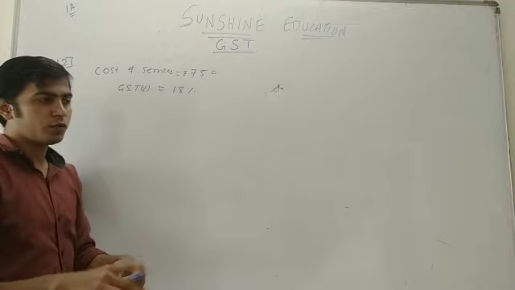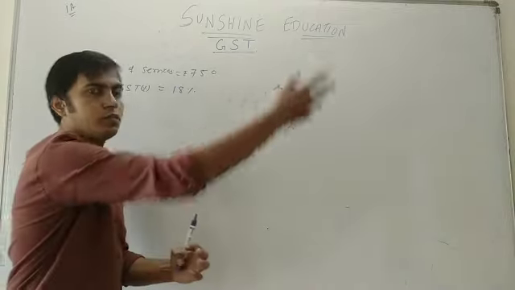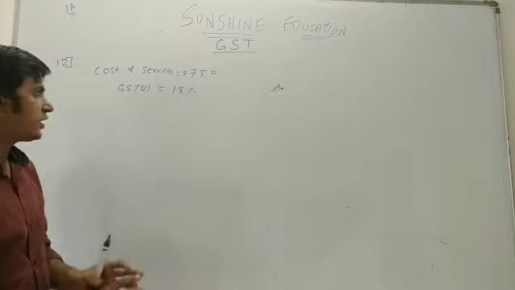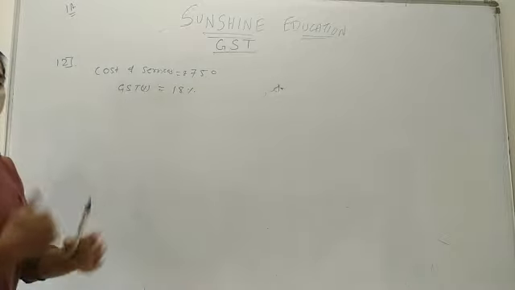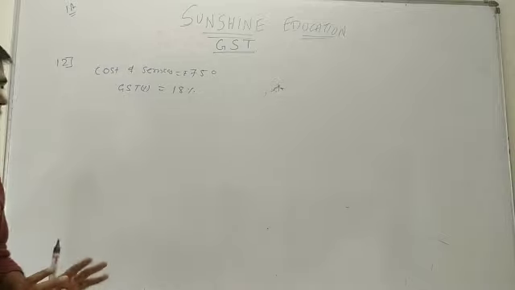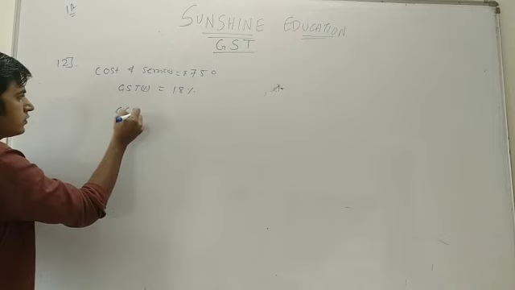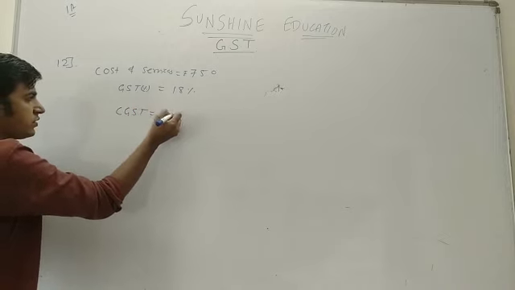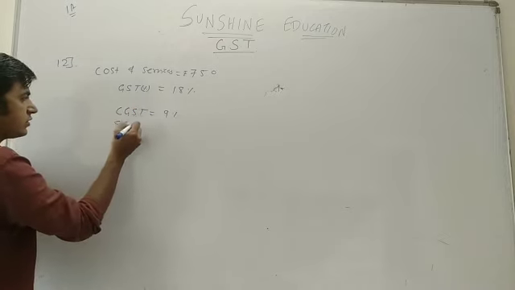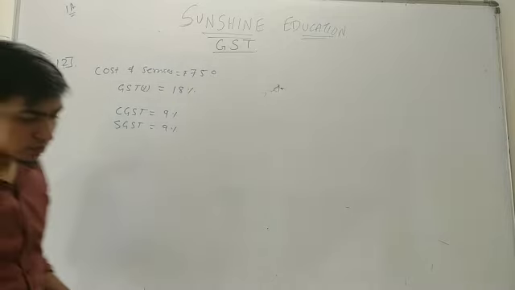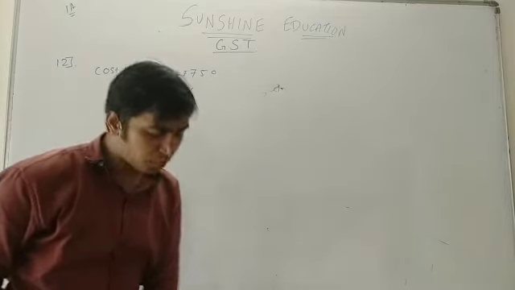Services are not like products being sold from one place to another. The service is given in Meerut, and in services, production and consumption take place at the same place. So we will have CGST 9% and SGST 9%. Find the amount of the bill.